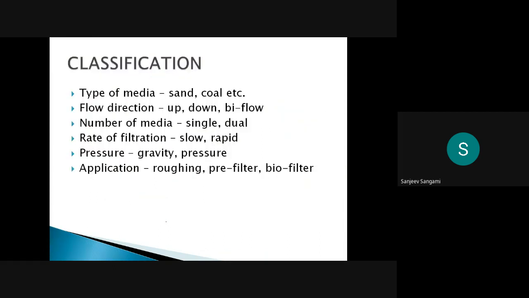Then the major classification of the media which we use in the filtration process: we use sand, coal, and some other anthracite.